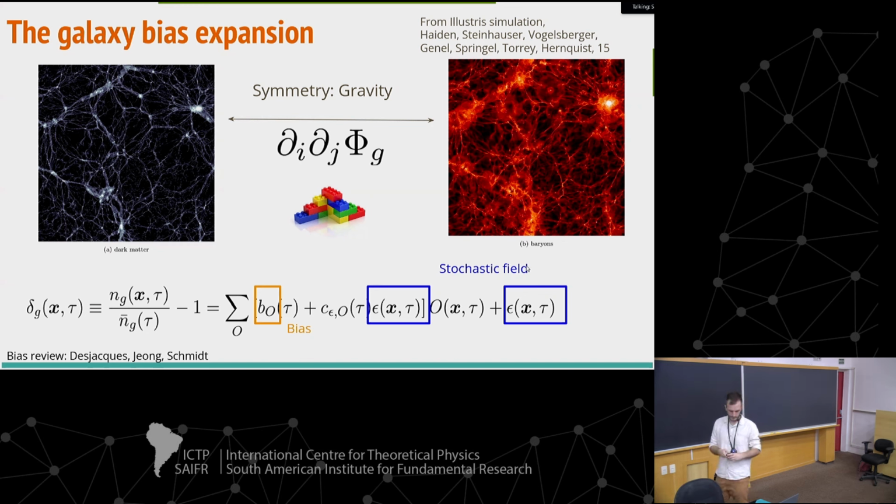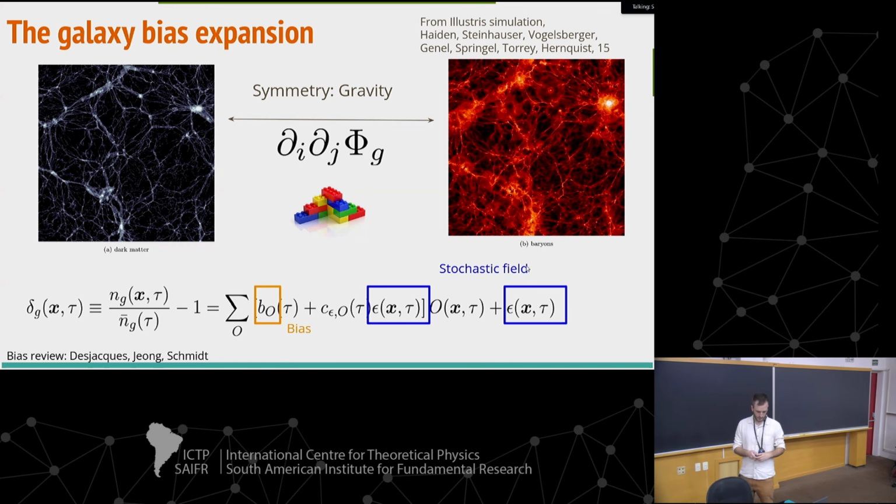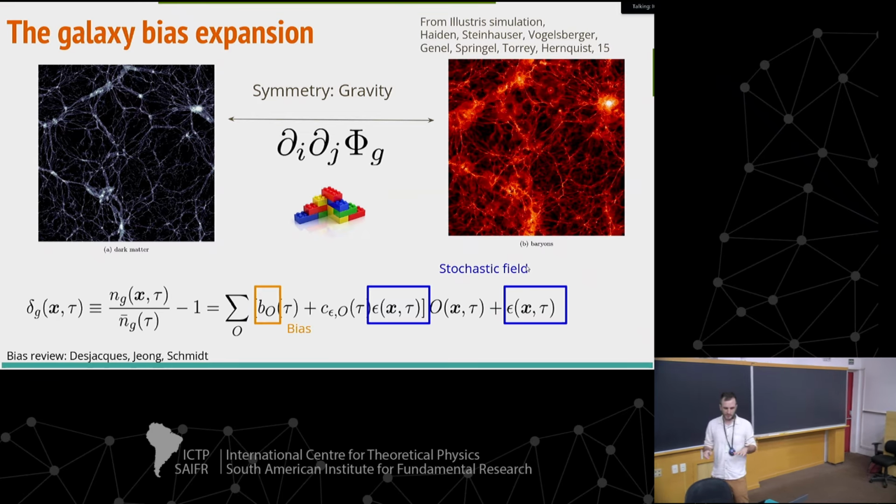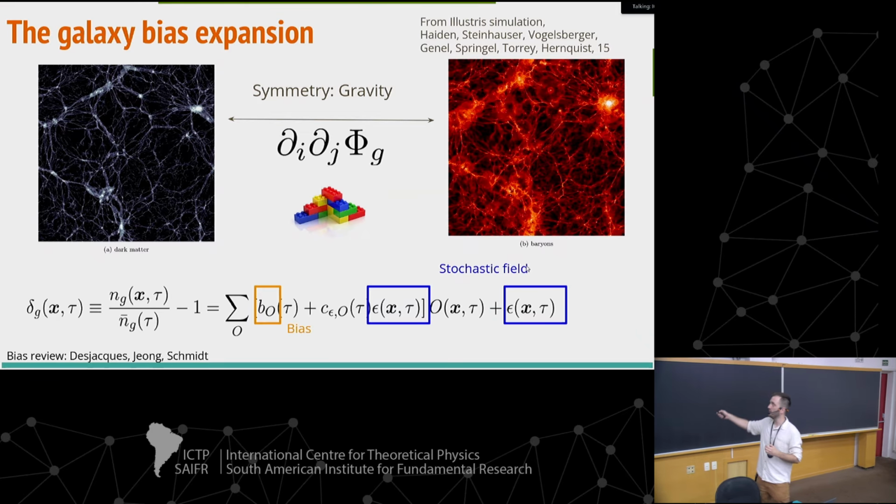Okay, and then just to back up a second, are you thinking of this bias expansion as another implementation of EFT, or are you thinking of it as qualitatively different from the EFT that you talked about with matter only? I'm thinking about exactly the same implementation, but different in the sense that new operators are allowed here.